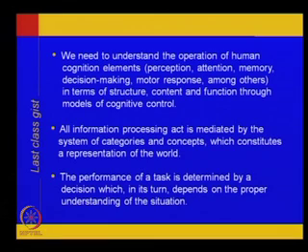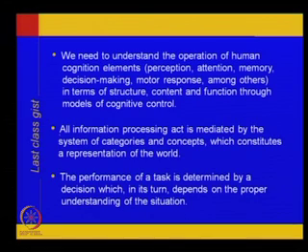We need to understand the operation of human cognition elements, that is perception, attention, memory, decision making, motor response among others, in terms of structure, content and function through models of cognitive control.